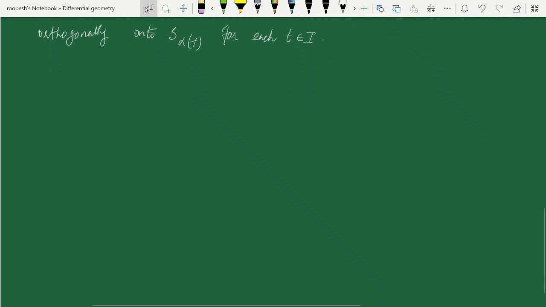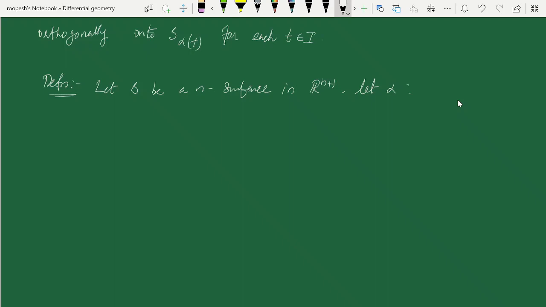So, definition: let S be an n surface in R^(n+1).